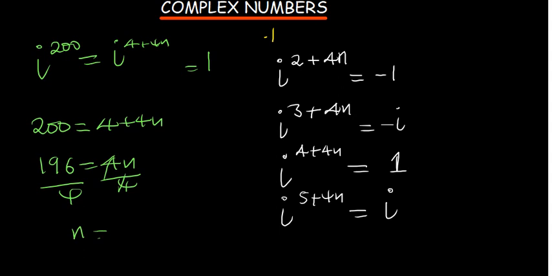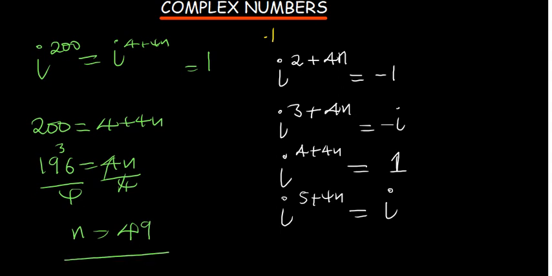So n is going to be equal to, 4 can go into 19 four times, with a remainder of 3. 4 into 36, that is 9 times.